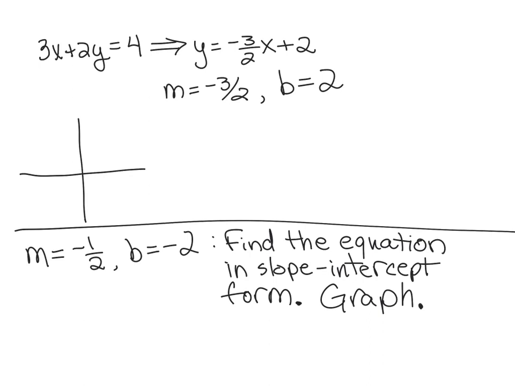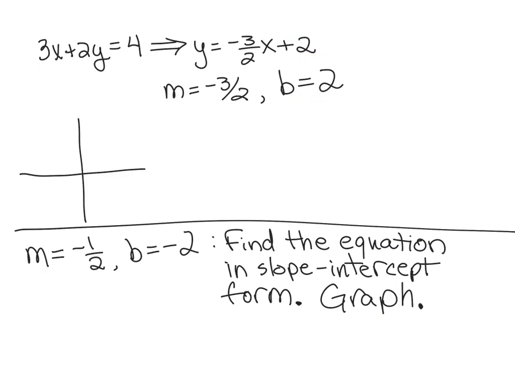I'm going to take that equation and solve for y. So I'm going to subtract the 3x and divide everybody by 2, but I'm dividing every single term by 2. So the -3x is divided by 2, and the +4 gets divided by 2. There's my slope, the number in front of the x. There's my y-intercept, positive 2.